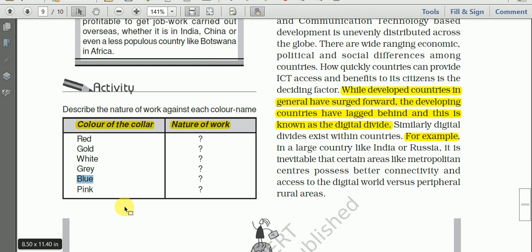Then pink collar workers. They are the people working in the offices, clerks, clerical workers.